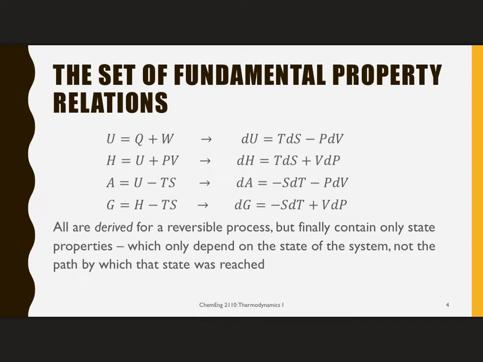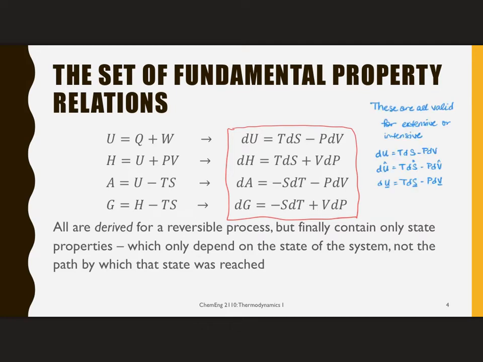So every one of these was derived based on a reversible process, but we come up with something that is independent of path. They are only dependent on the initial and final state. So this collection here is worth writing down someplace where you can find them, because these are our 4 fundamental property relationships.